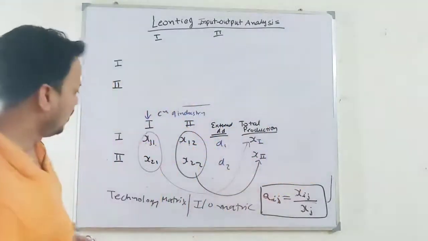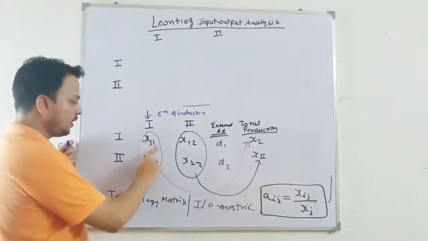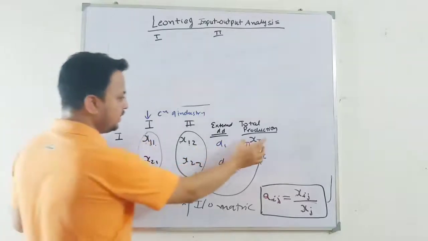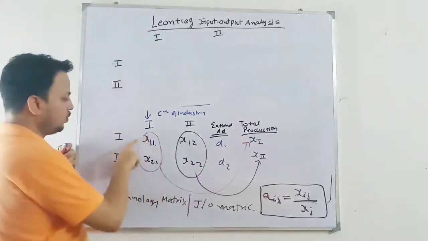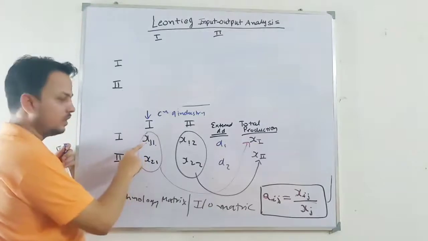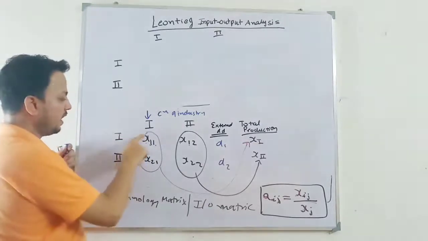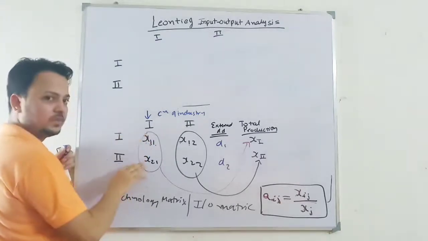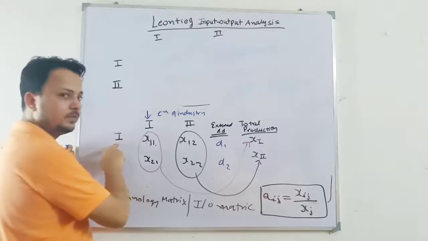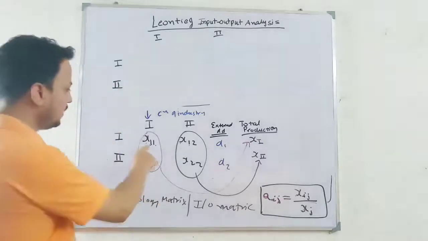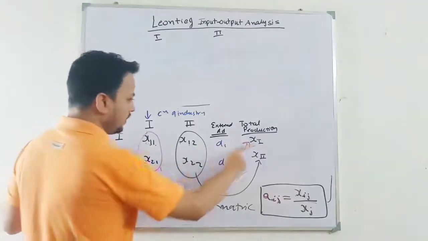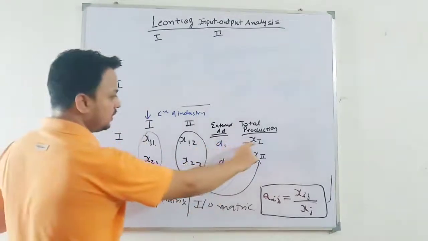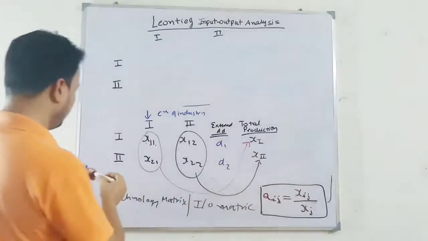Output of first industry used by first industry, output of second industry used by first industry. In order to produce this much output, this is the consumption of first industry. So I need to make the respective industry input consumption for industry 1 in per unit terms. So I will divide by total output, and this one also I will divide by total output. This represents consumption for industry 1 in order to produce this much output. So just do it.